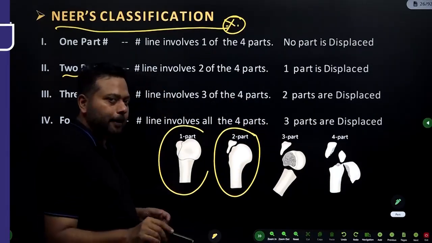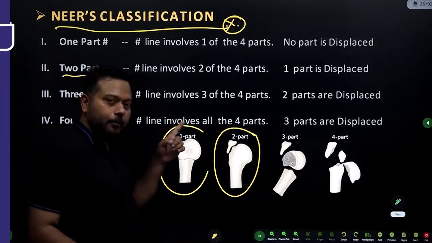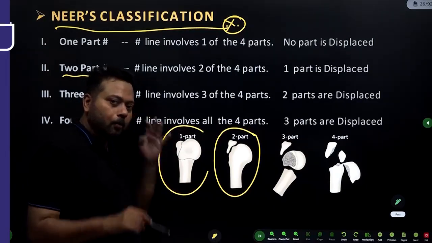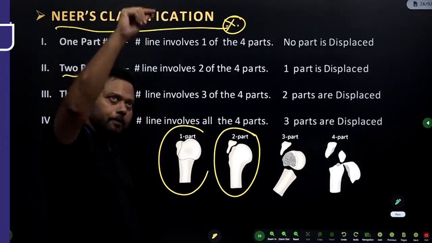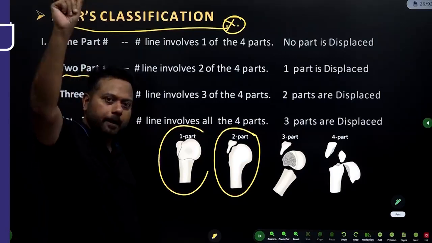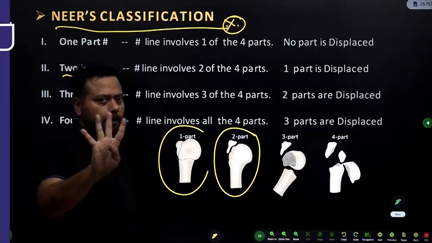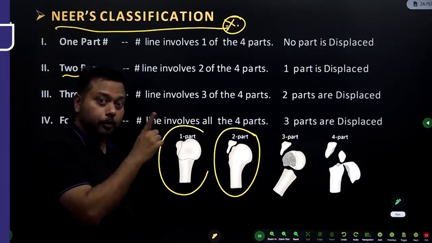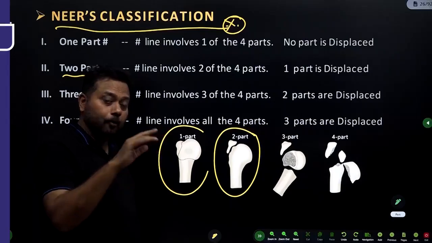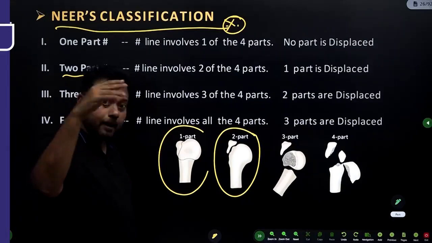A 3 part fracture means the fracture line involves 3 of the 4 parts. What are the 4 parts? Greater tuberosity, lesser tuberosity, head, shaft. I told you in the very beginning, forget about the 2 necks, surgical neck and anatomical neck.